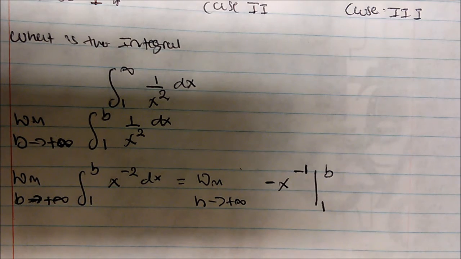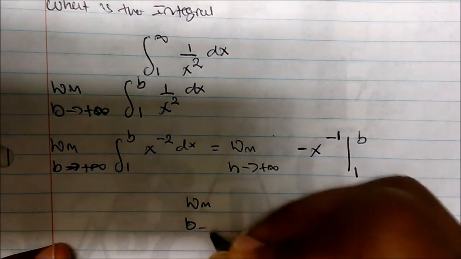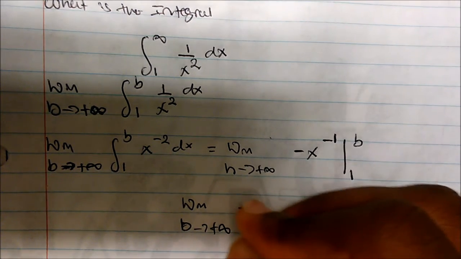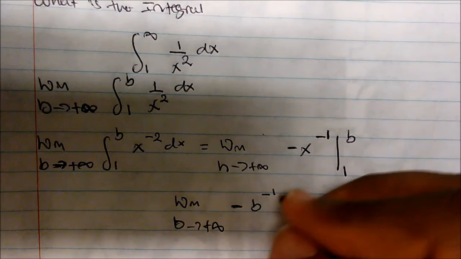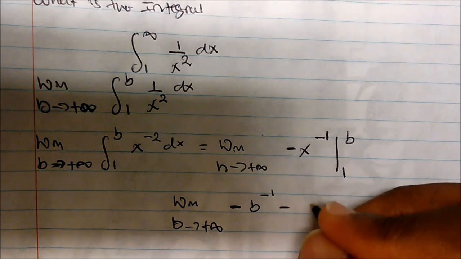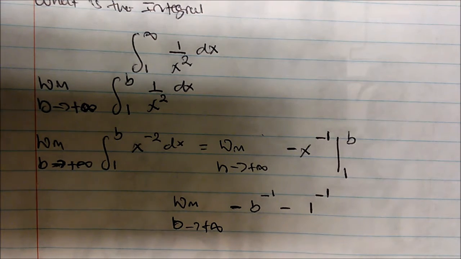Okay. And the idea now simply comes is that we plug in. And so we're going to take a limit now as b approaches positive infinity of negative b raised to the negative 1, minus 1 raised to the negative 1.